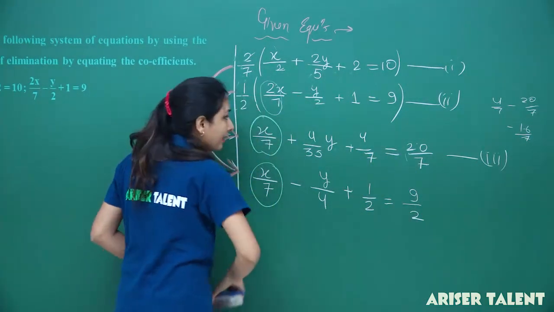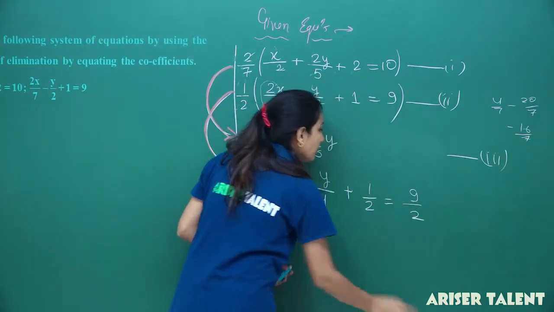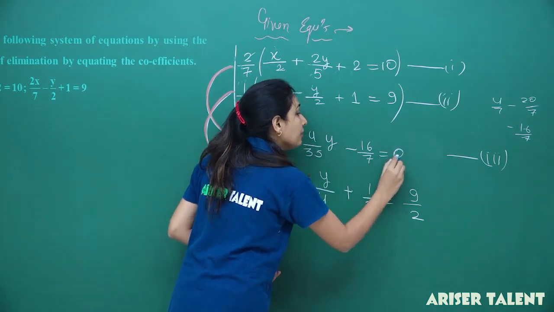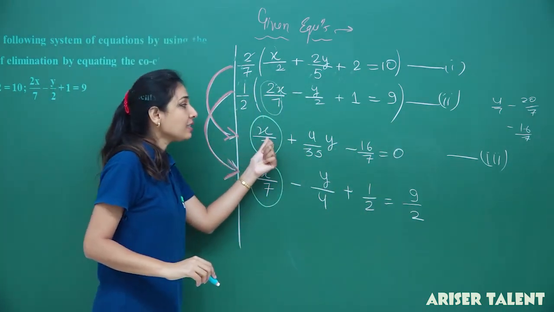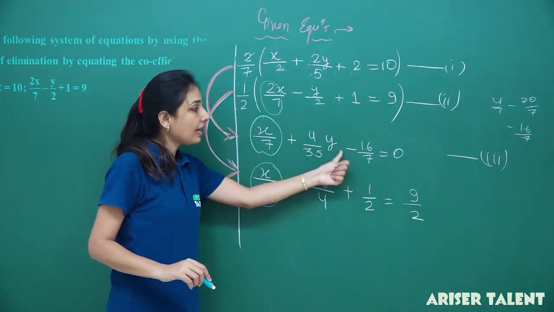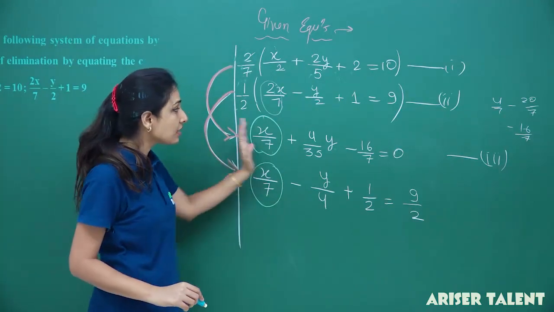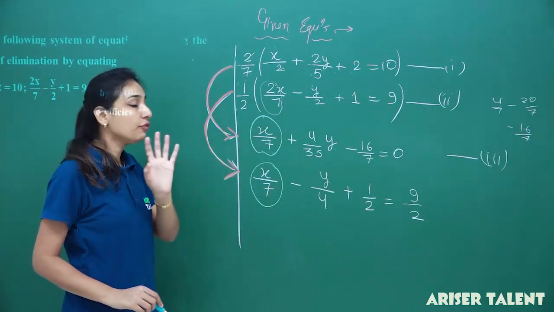So can I write it this way? That will be minus 16 by 7 equals 0. Why? Because I have to put it in the a1x plus b1y plus c1 equals 0 format. So I have just followed the procedure and created the standard format.